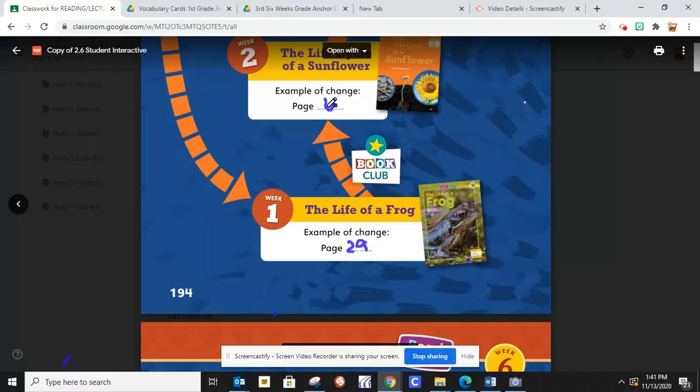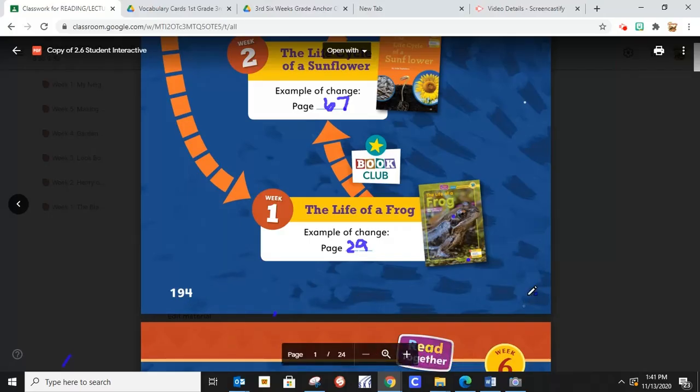Page 67. On page 67, we observe how the seed changes from a seed when it sprouts. It changes, right? That means that it's a living thing, and it needs water, and food, and nutrients from the soil. And then, boys and girls, it can change and it can grow. So it is definitely a living thing, right? Good job.